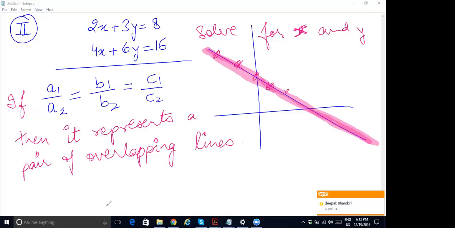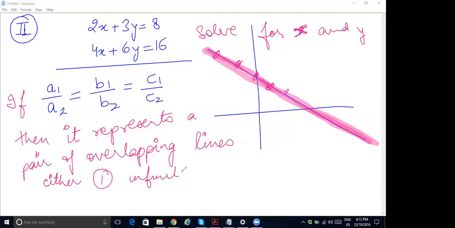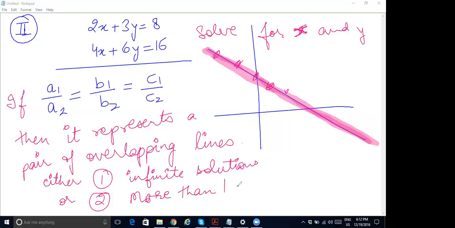So we can mark the answer depending on how the answer choices are framed. Either infinite solutions or more than one solution. Both are correct.